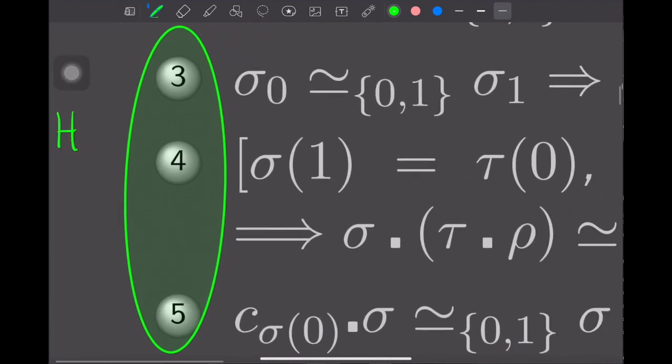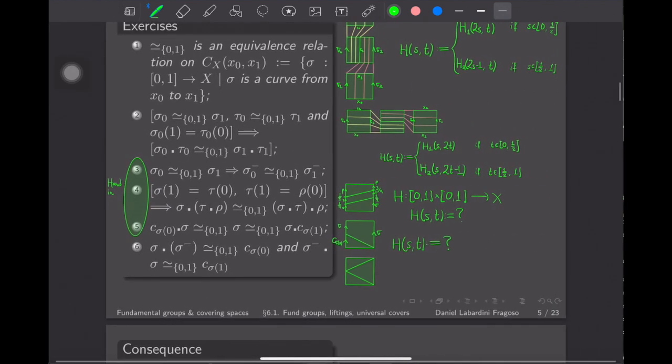And finally, concatenating sigma with sigma minus is homotopic relative to endpoints to just not moving.